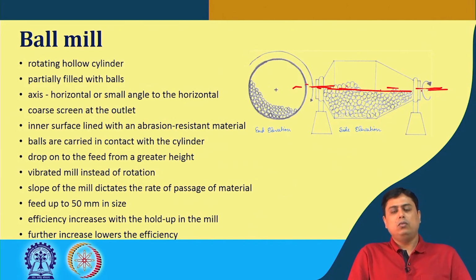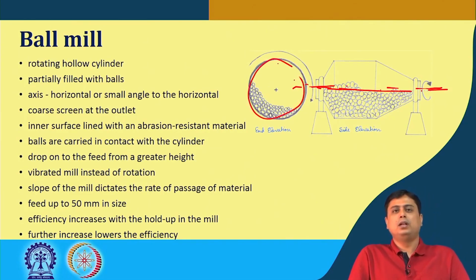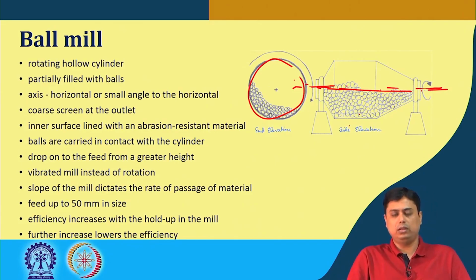Typically we have screens at the outlet to get the desired sizes of the product, smaller than this screen. The inner surface of this ball mill, or the rotating chamber, is typically made of abrasion resistant material, because we can understand these balls are tumbling with one another.